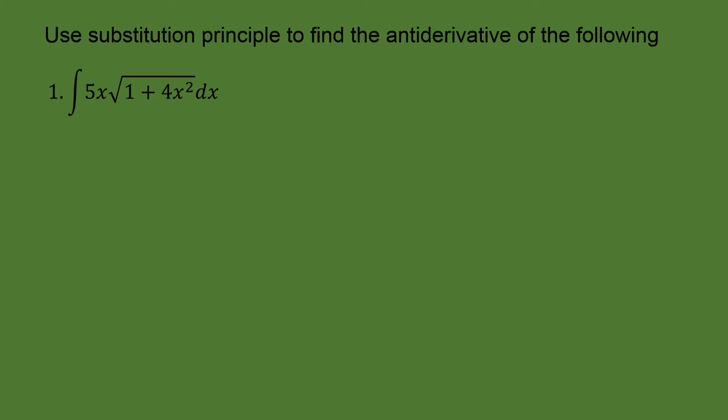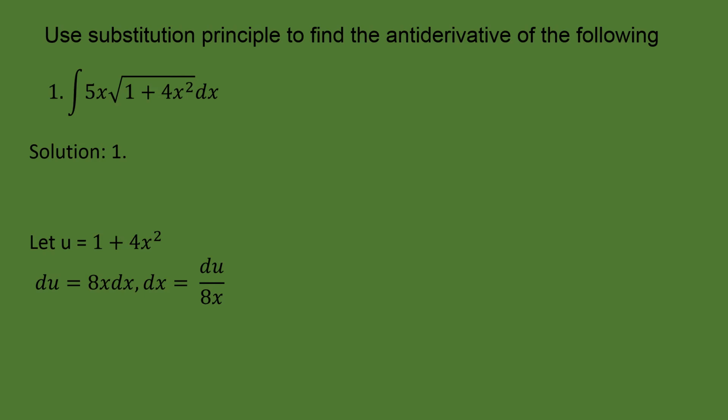So, if we let u be equal to 1 plus 4x squared, as we get the derivative, it will become 8x. Then, of course, the variable x will be cancelled out. So there will be a quantity that can be cancelled out when u is equal to 1 plus 4x squared. So we let u be equal to 1 plus 4x squared.